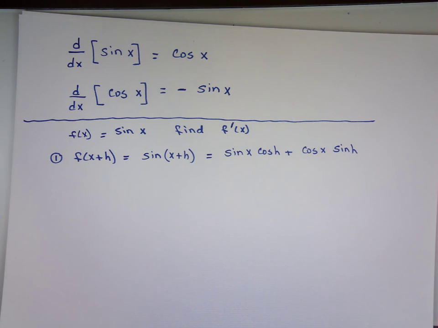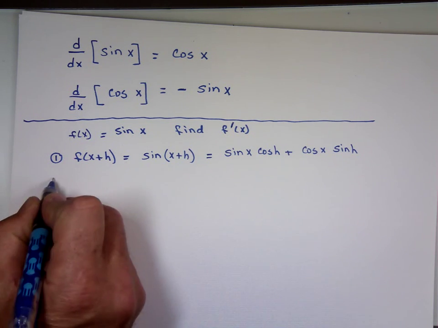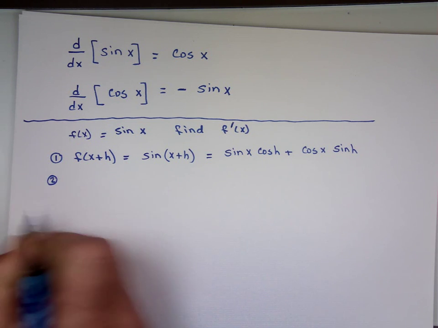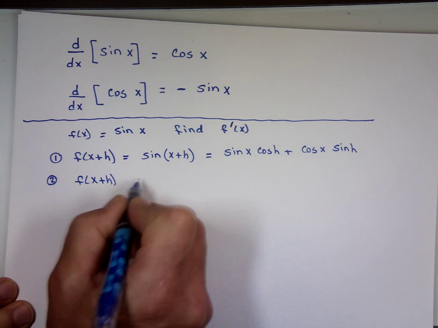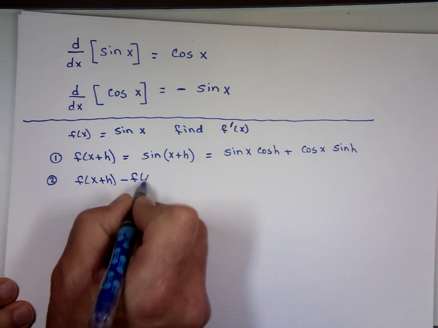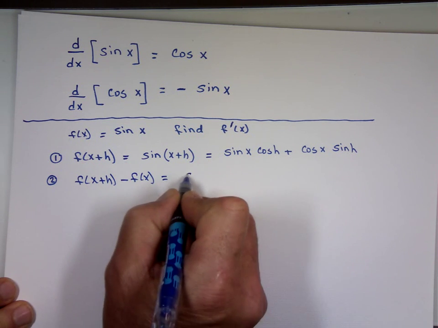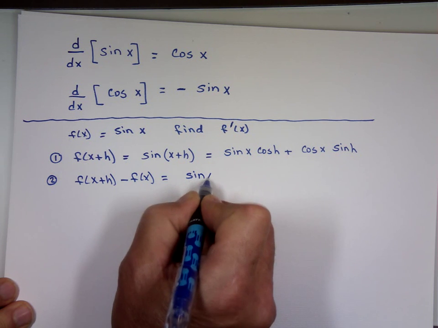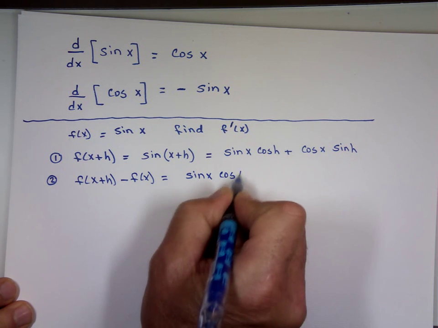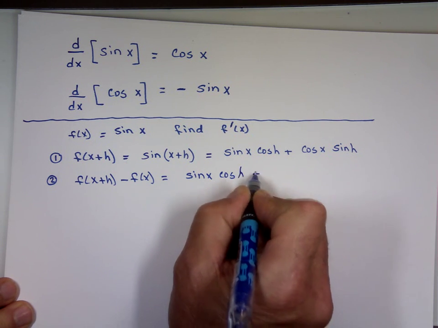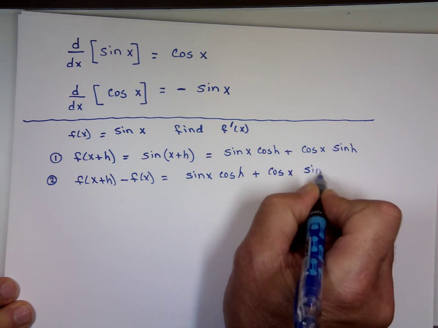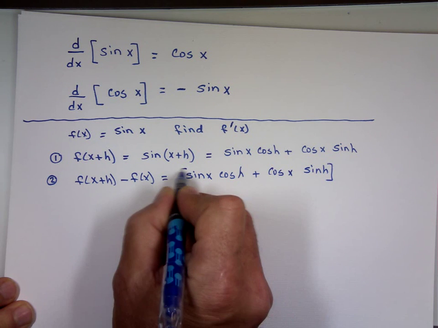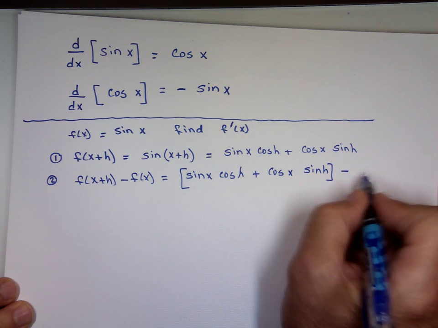Step number 2, subtract f of x from f of x plus h. So I'm going to subtract from that f of x, which is sine of x.